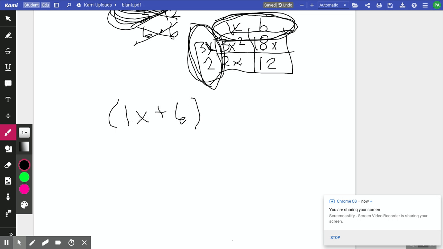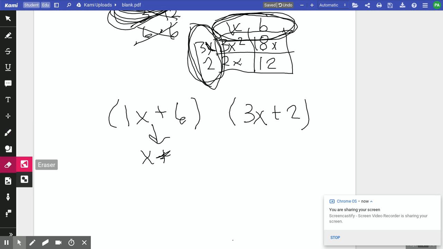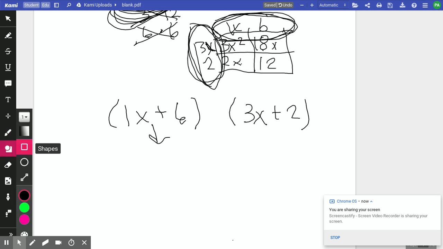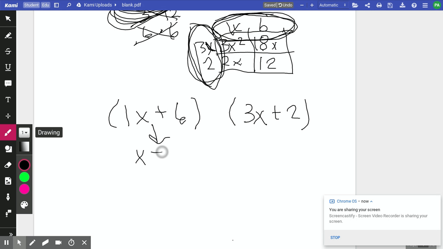That's your first one. And then 3x plus 2. So now you're just going to want to zero them out. And this one is kind of already done for you, so you can just go ahead and put x equals negative 6. And there you have one of your final answers.